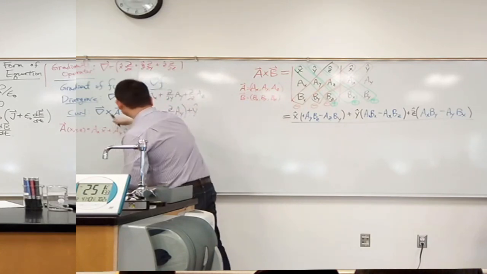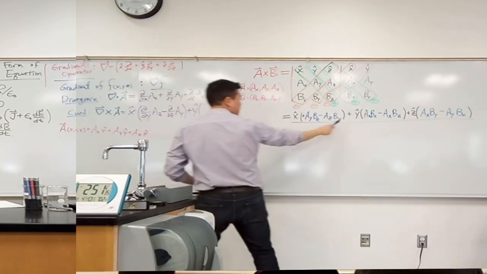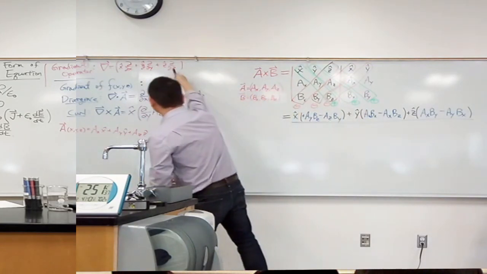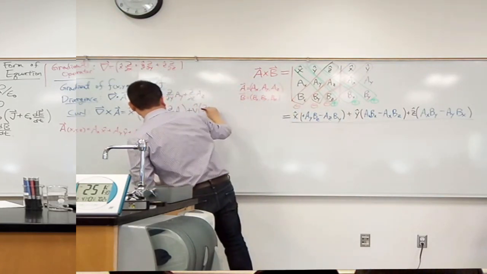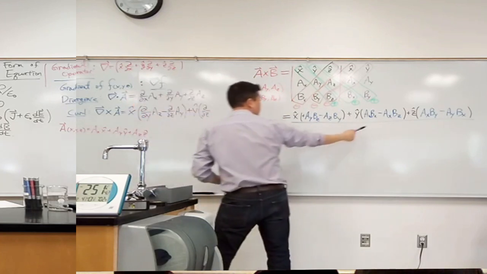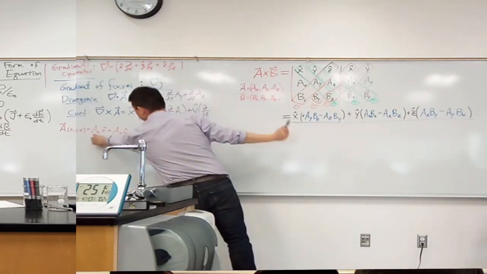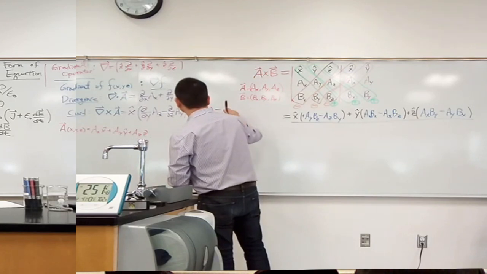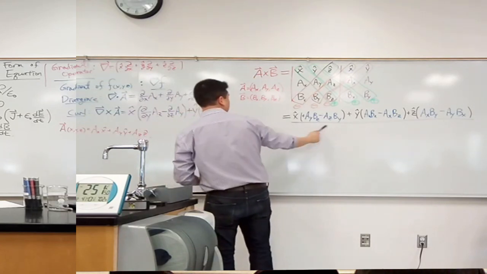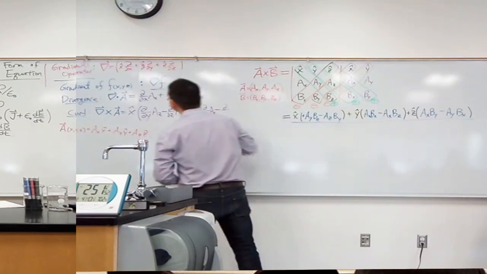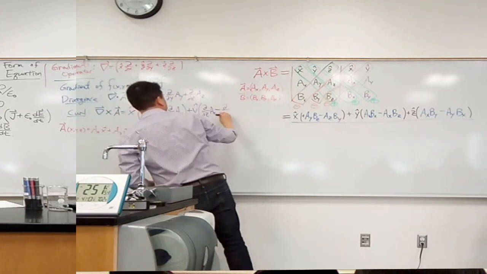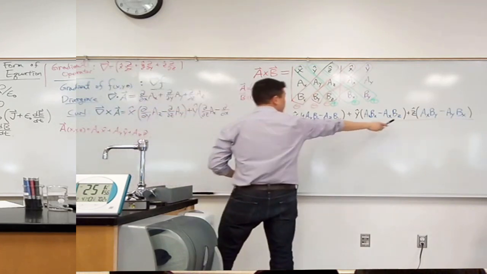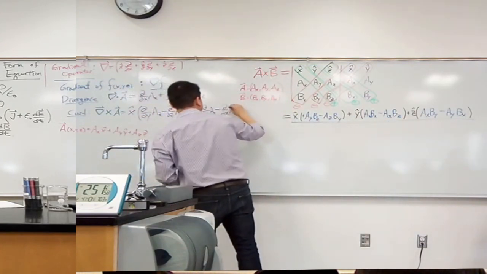The y component of the curl would be the z component, so the derivative with respect to z of the x component, A sub x, the function, minus the derivative with respect to x of the Az function.